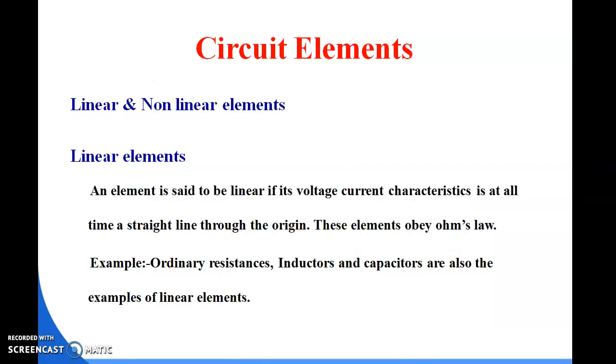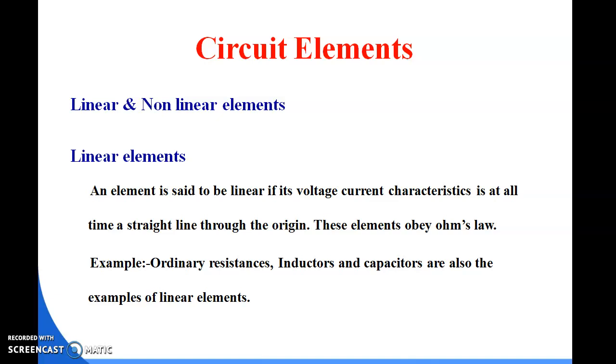And then the third category, linear and non-linear elements. Linear elements. What is that? The circuit element which obeys Ohm's law is known as a linear circuit element. That means the output to input ratio is a constant parameter. Okay.